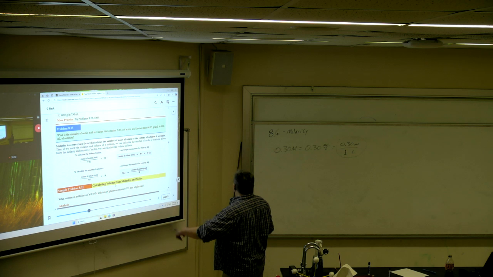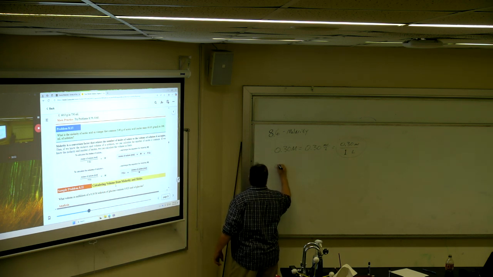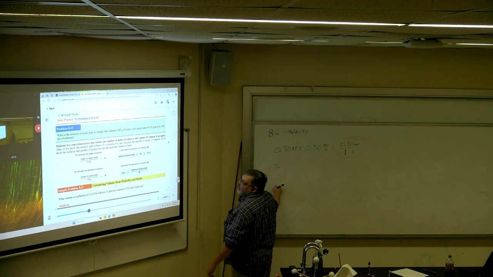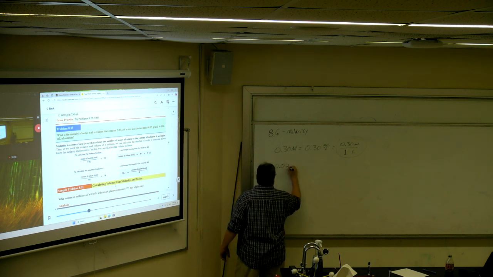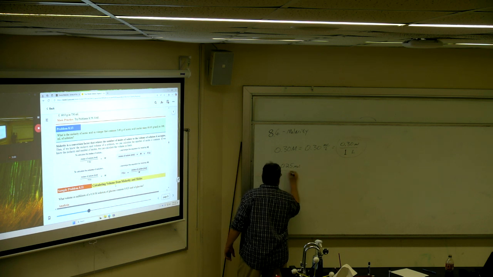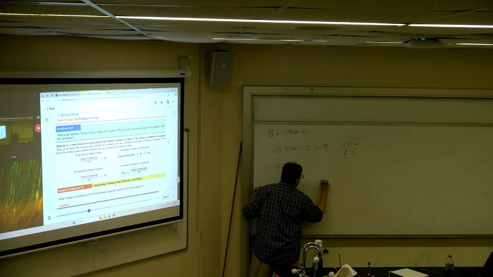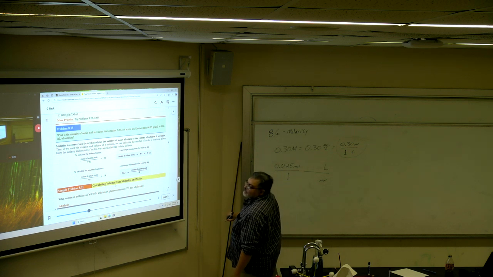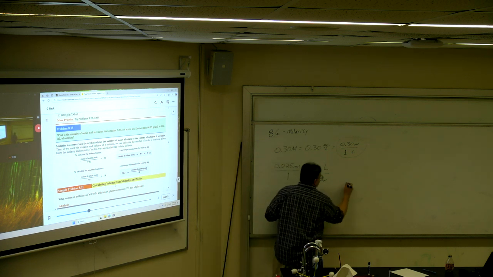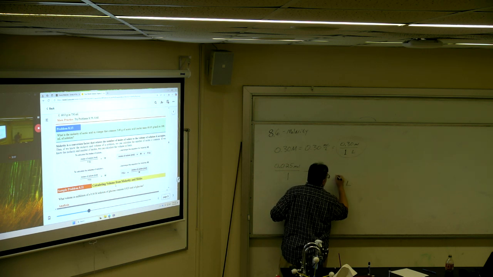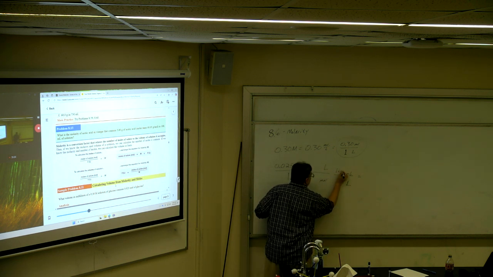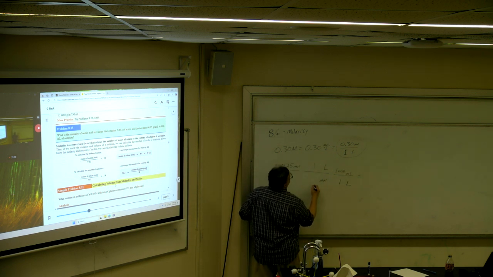And, 0.0 moles. We're gonna have moles on the bottom, liters on top. And it's asking for milliliters. So I've got to go from liters to milliliters. That's a 1.